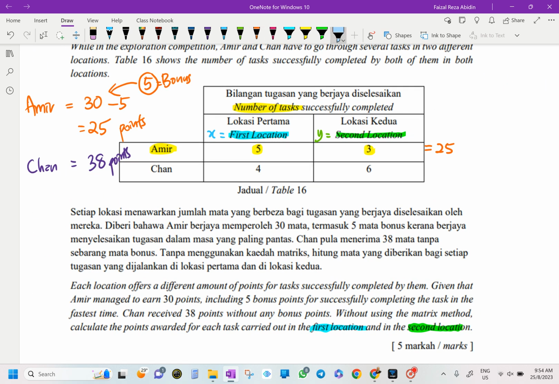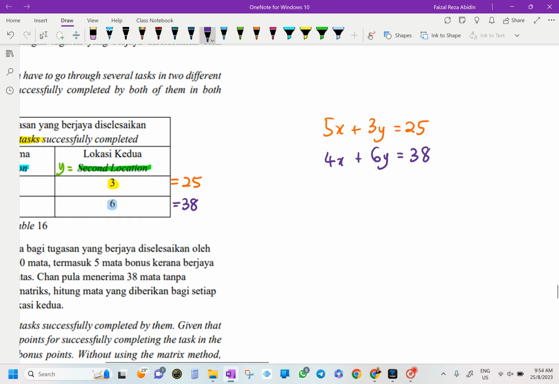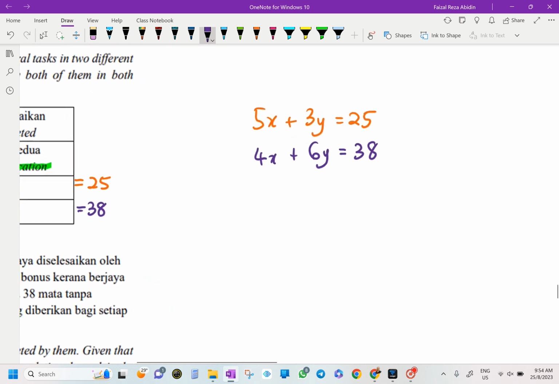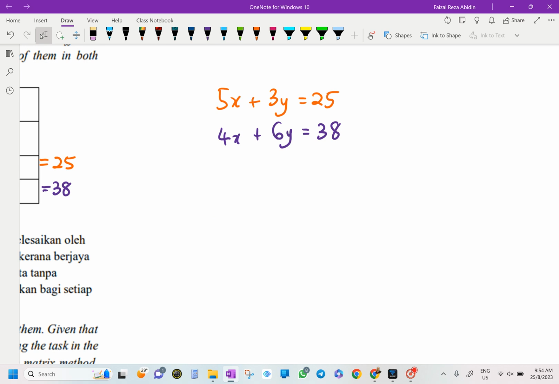For Chan, 4x plus 6y, we are going to get 38 points. So you're going to have 4x plus 6y equals 38. For this question, one correct equation, 1 mark given, which means 2 marks over here. Usually we only award you 1 mark.